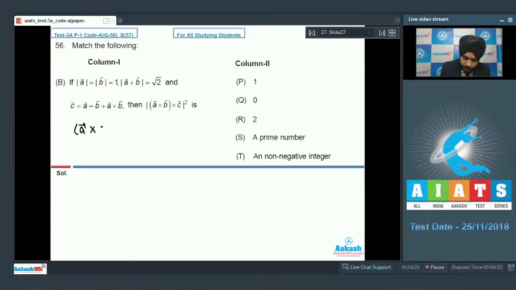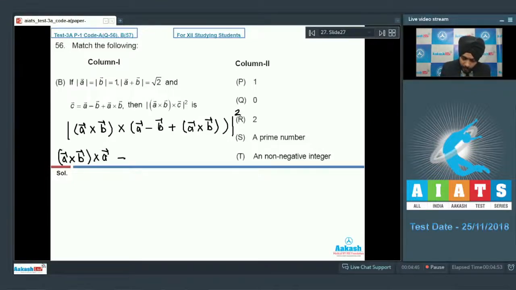A cross B cross with A vector minus B vector plus A cross B vector. Magnitude whole square. Now what are we going to do? A cross B cross A, it will be the first term, minus A cross B will be the second term.